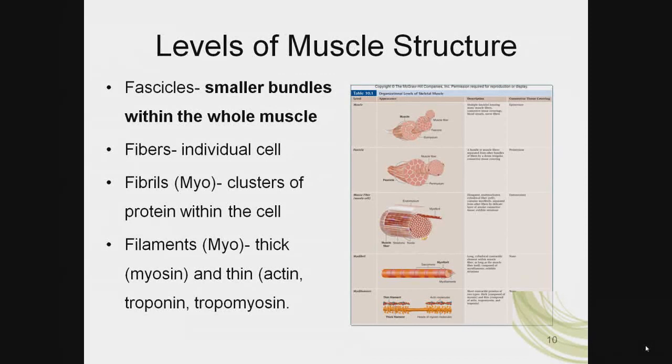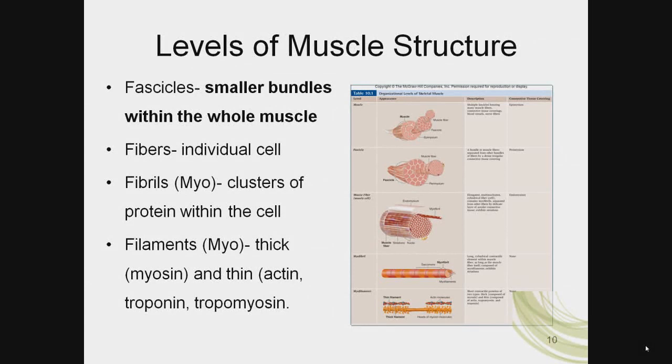Then that rod of protein inside a single muscle cell is called a myofibril. And myofibrils in this picture look striated. So we're looking at a parallel arrangement of smaller proteins in this rod or complex of proteins.